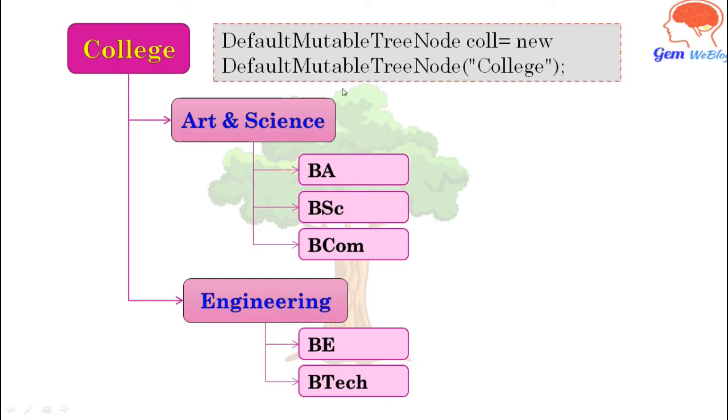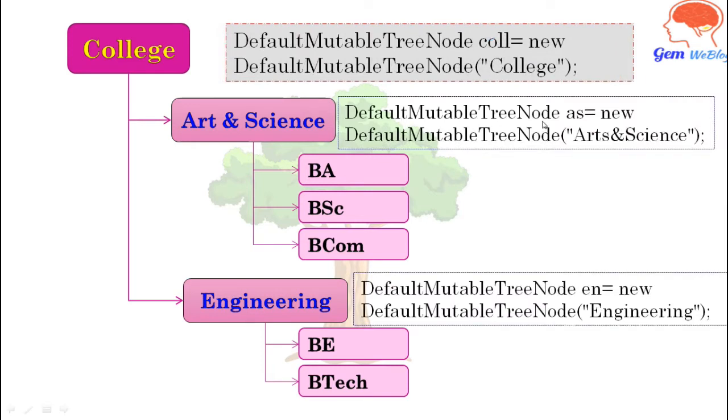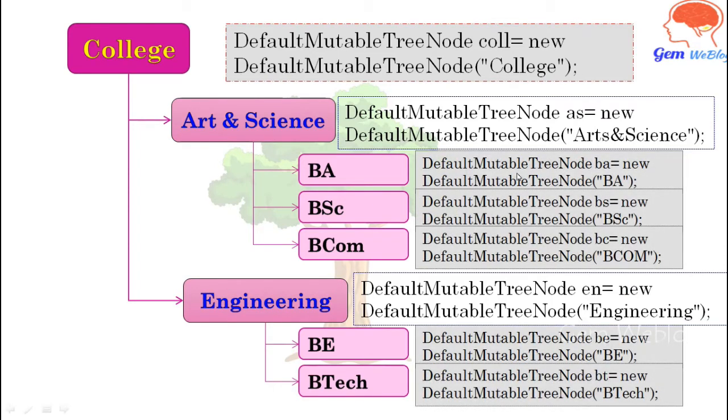Similarly, you have to create the object for each and every node in this tree. Now we have created the node for college. Next, the nodes have been created for arts and science, AS, and engineering, EN, taking the first two characters of each. And then we have created the nodes for all the 5 children.